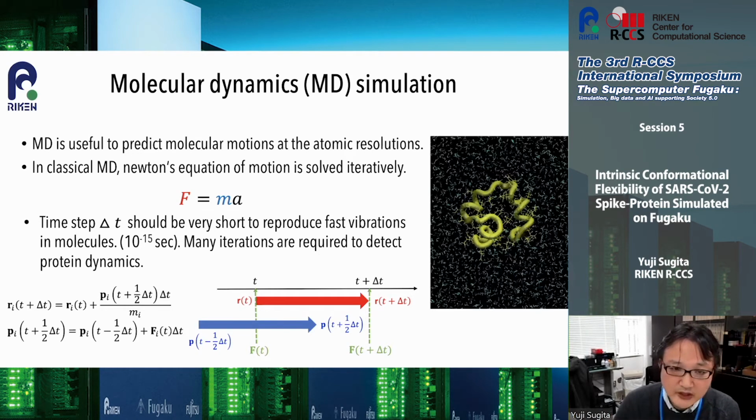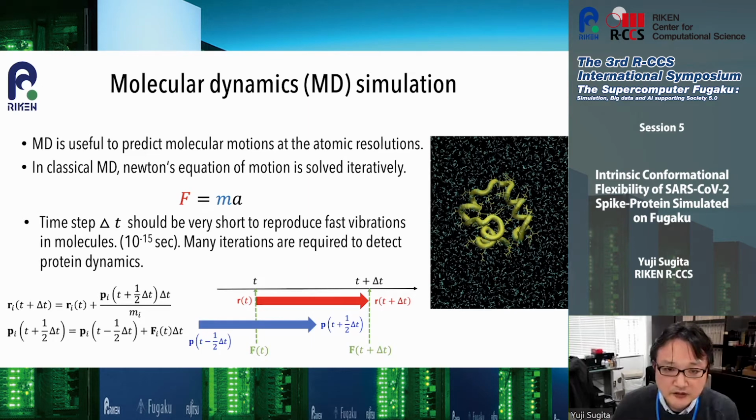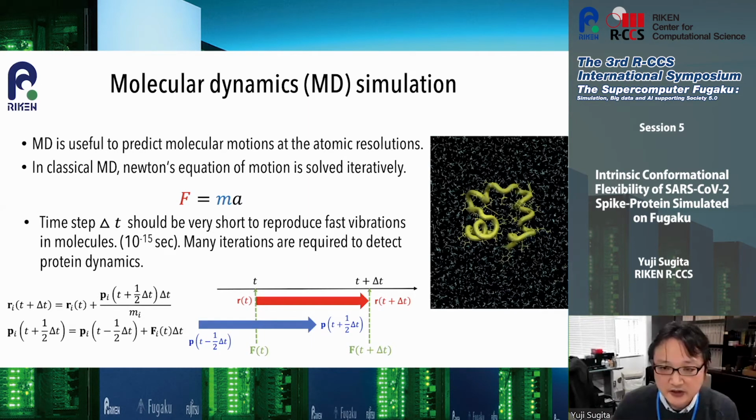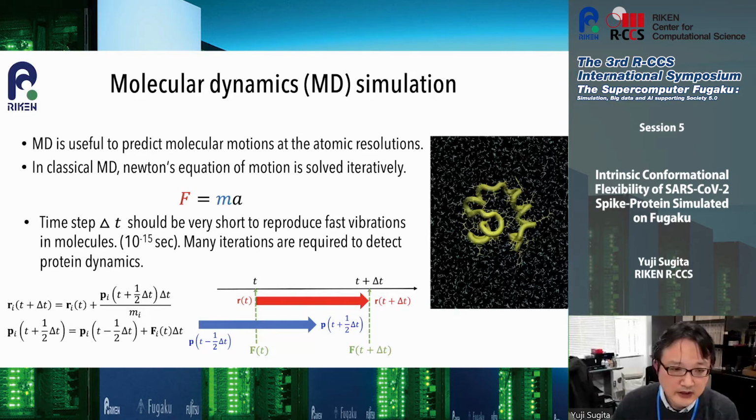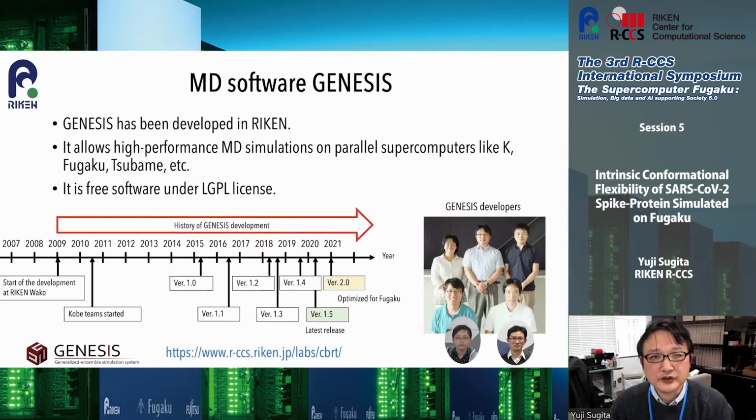We are using classical molecular dynamics simulations to understand the dynamic aspects of the spike protein. And for this, we are using and developing the MD software Genesis. This software has been developed mainly in RIKEN, and it allows high performance MD simulations on parallel supercomputers like K, Fugaku, and other supercomputers. We have freely distributed this software under the LGPL license.